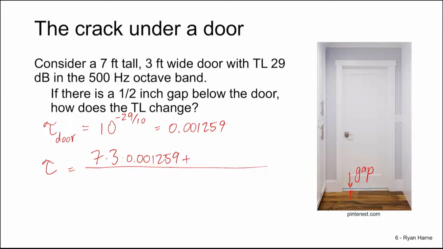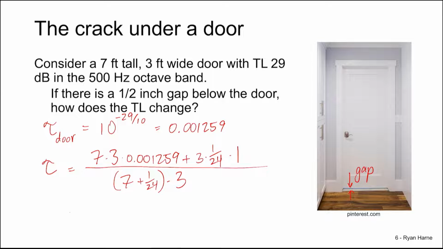For the gap, we have 3 feet wide by 1/2 inch tall, which is 1/24 foot, times 1, since the power transmission coefficient of an open space is equal to 1. And then we divide by the total area. This is 7 feet plus 1/24 of a foot, multiplied by the width, 3 feet.